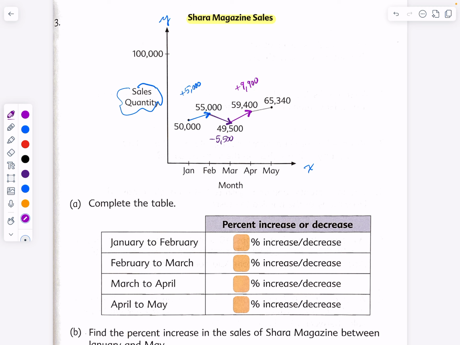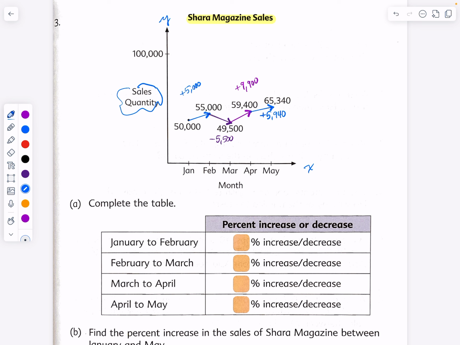And finally, between April and May, maybe we can use, again, a light blue color. Between April and May, it's again a slight increase, right? How much? Plus 5,940 more copies.